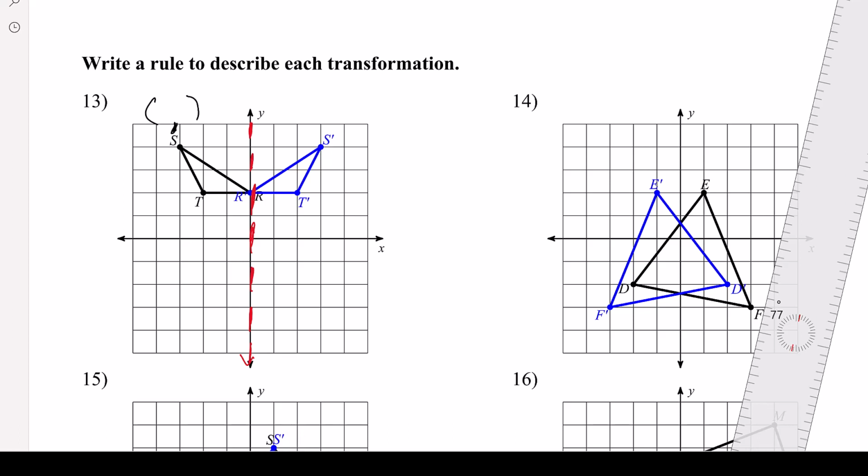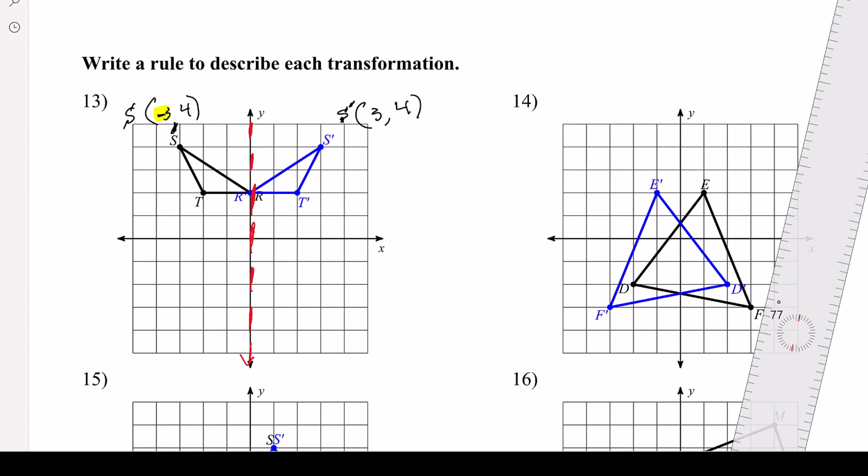So we went over 1 to -3, up 4. Now let's look at s prime. So this is s, this is s prime. 1, 2, 3. +3.